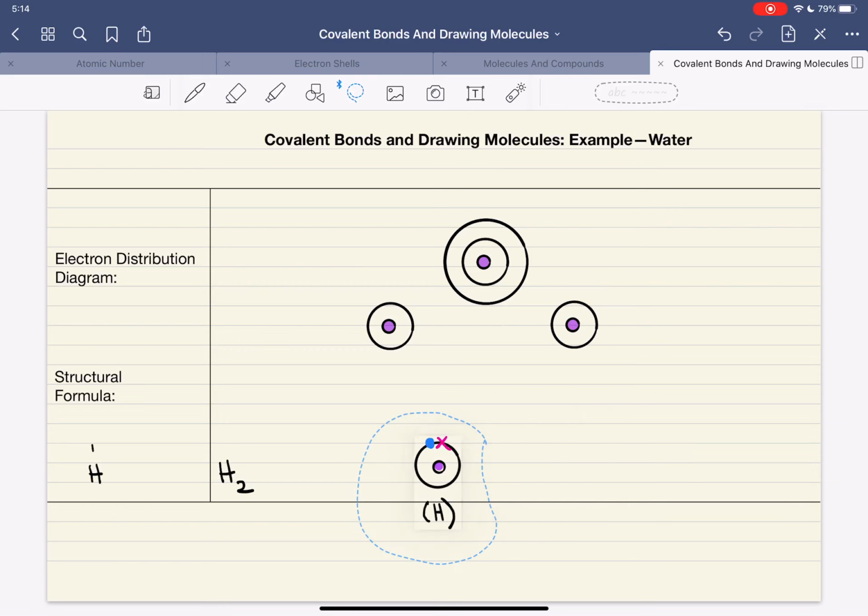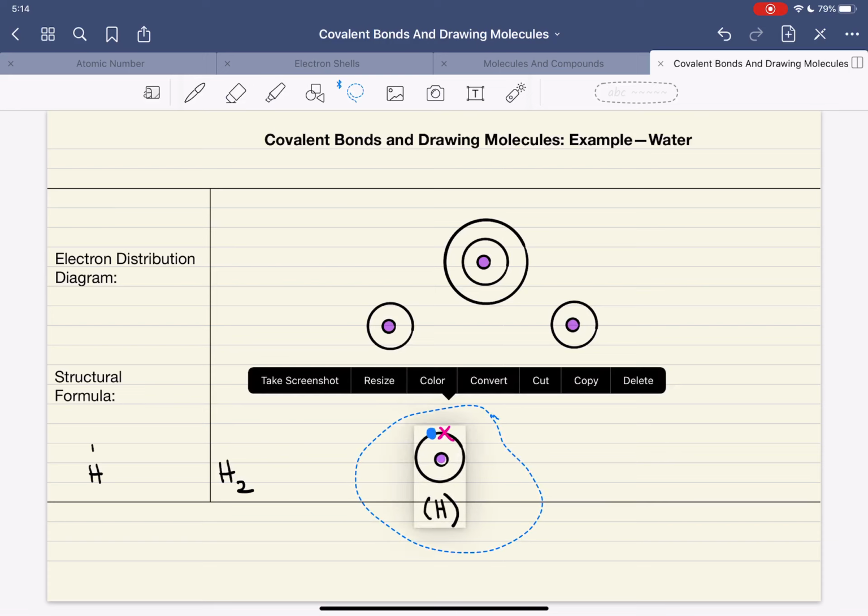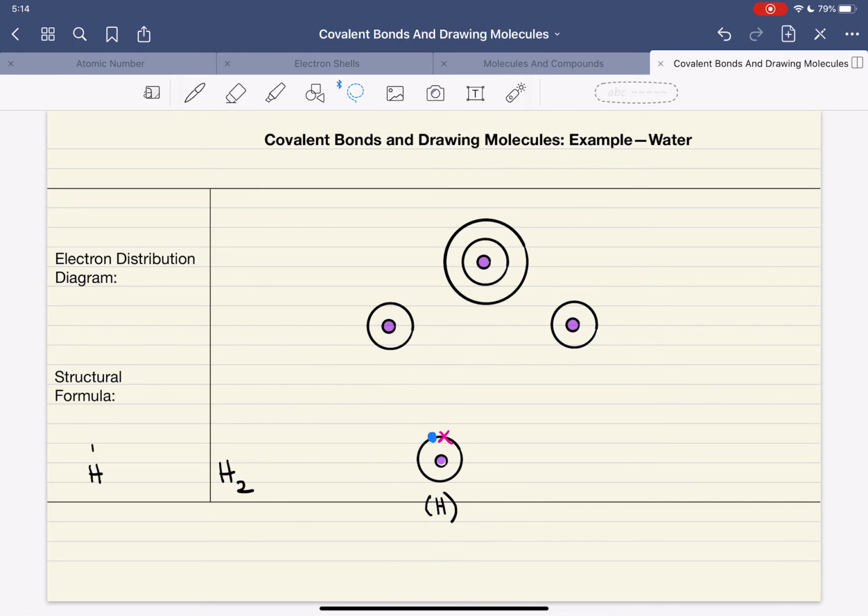Oh, I figured it out. That will save me from drawing the same thing twice.